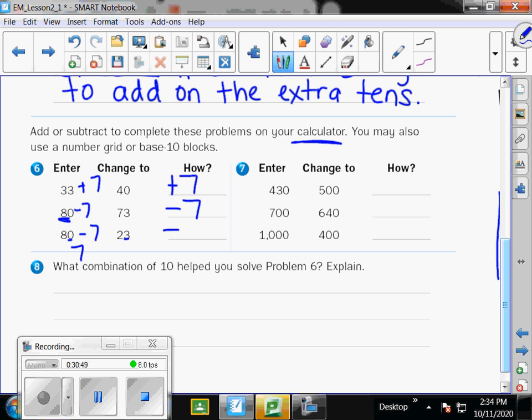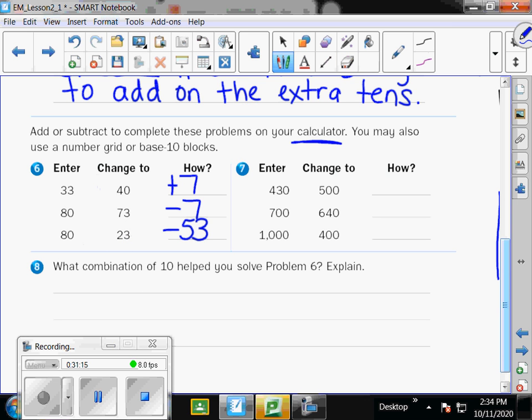That gets me to 73, doesn't it? Okay, so how am I going to get to 23? Well, now I'm going from 7 tens to 2 tens. I'm going to have to subtract 50. So 53 altogether. And if you have a calculator at home, you can check yourself on your calculator.